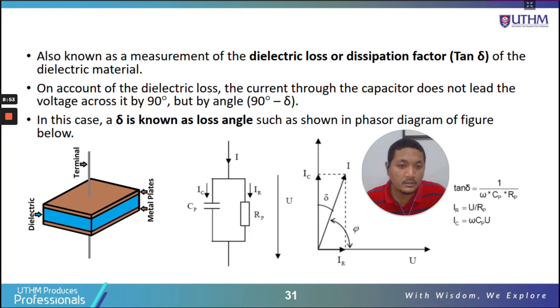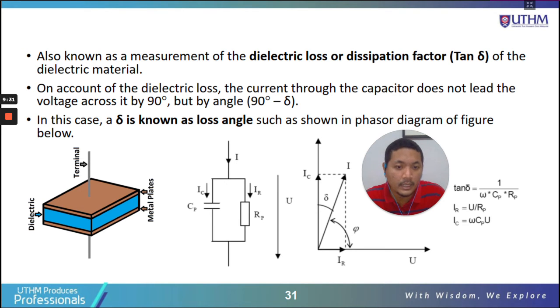This is the voltage, and for a perfect capacitor, the current will lead the voltage by 90 degrees. That is for a perfect capacitor. However, because of the very small loss, the total current is no longer at 90 degrees.